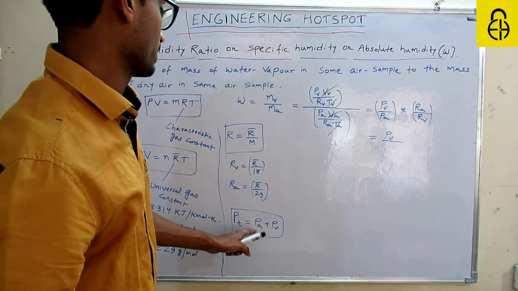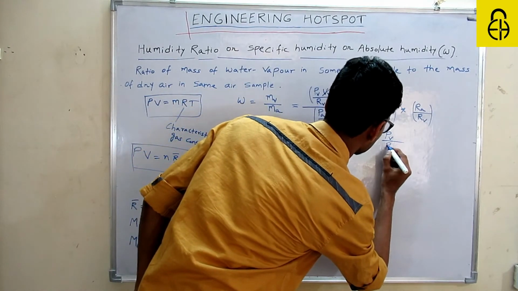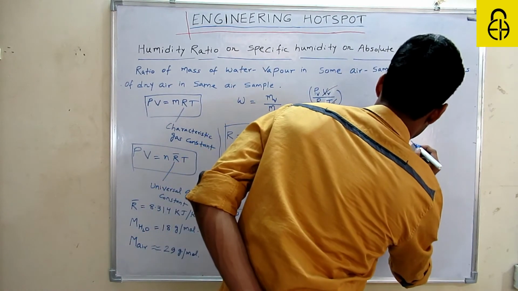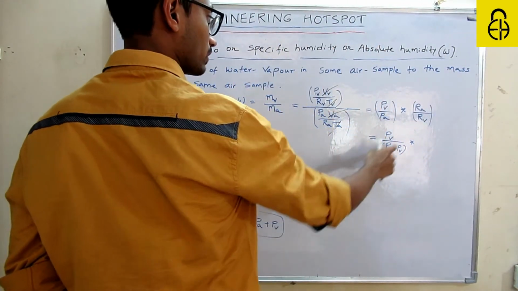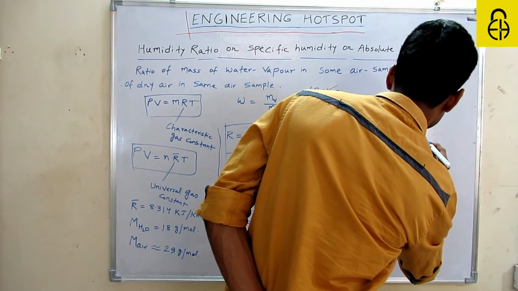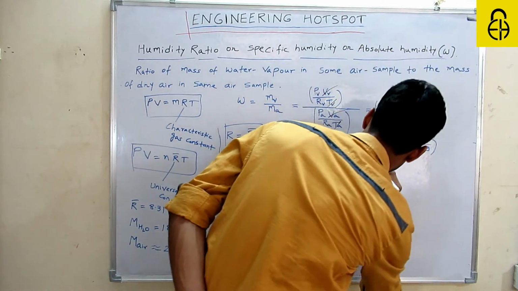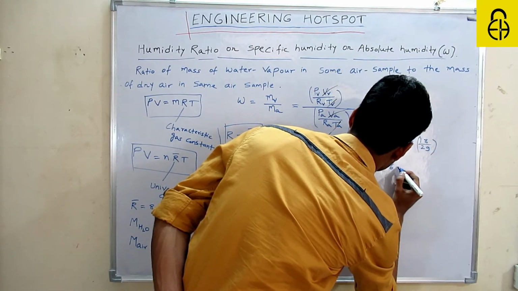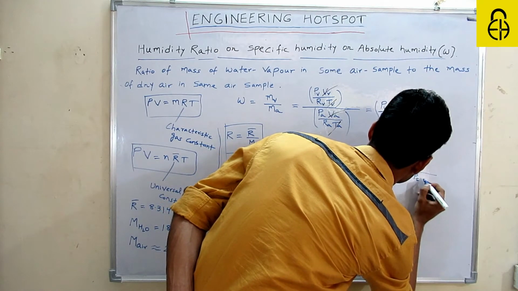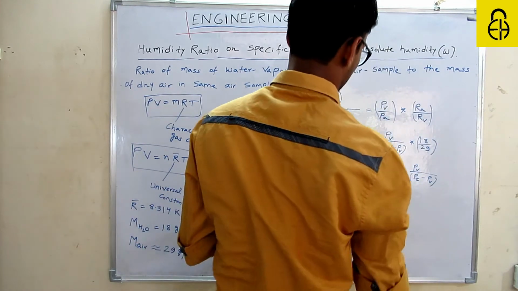So instead of writing PA, you can replace PA with PT minus PV. Substitute these values here and you will get 18 by 29. If you solve this, you will get the value 0.622 PV upon P total minus PV. You need to remember this expression.